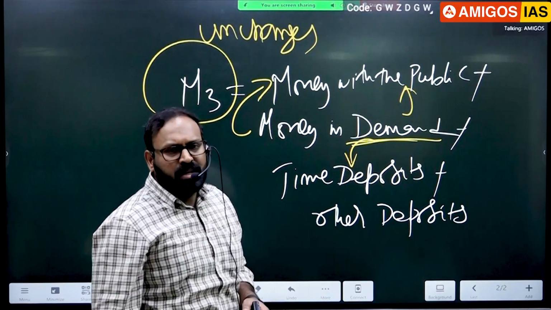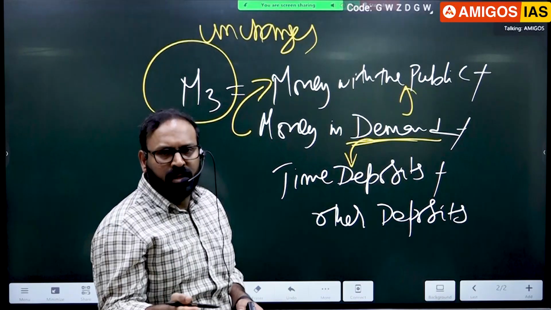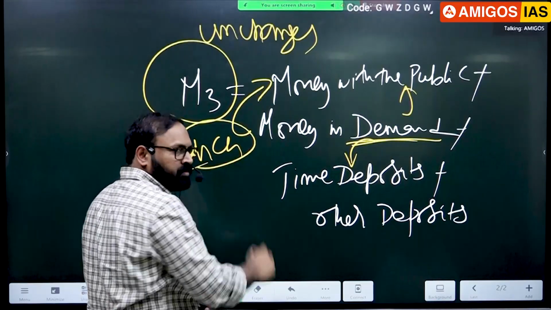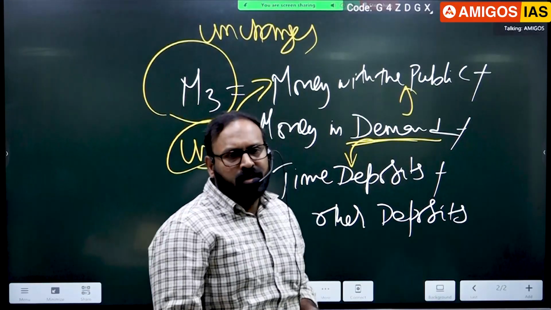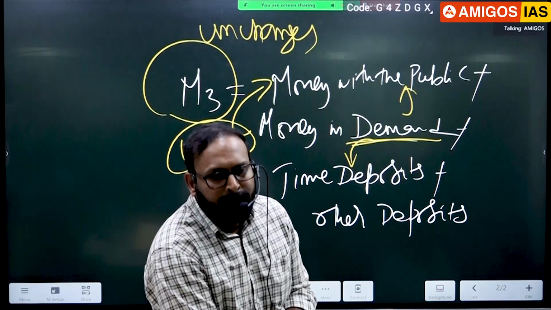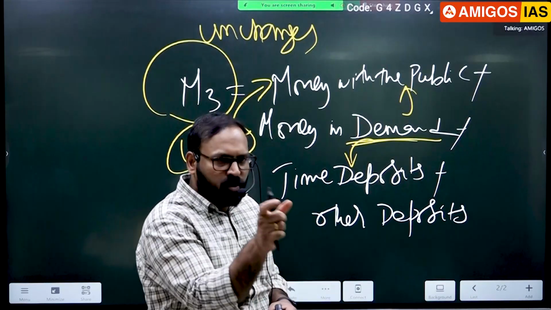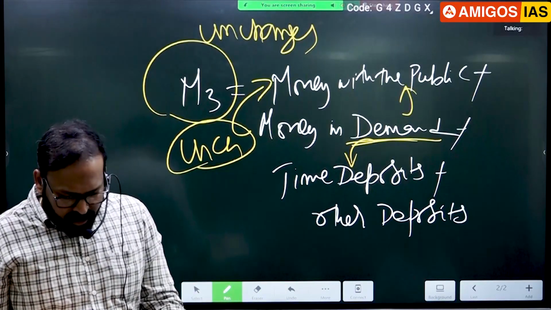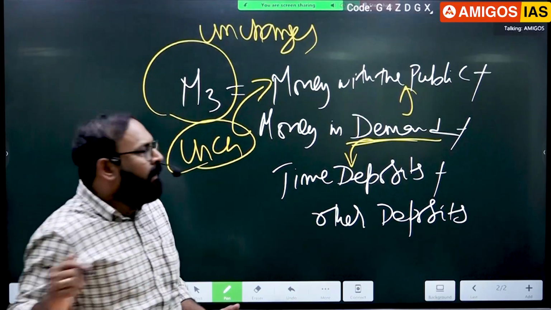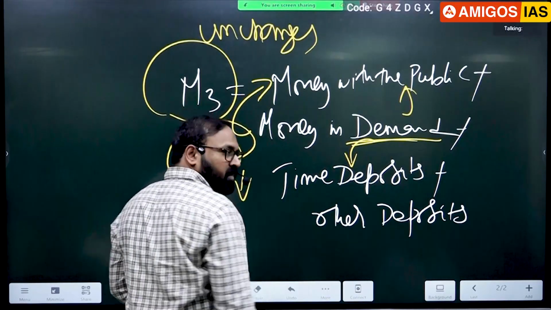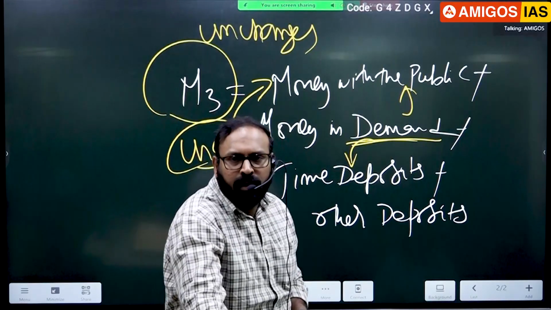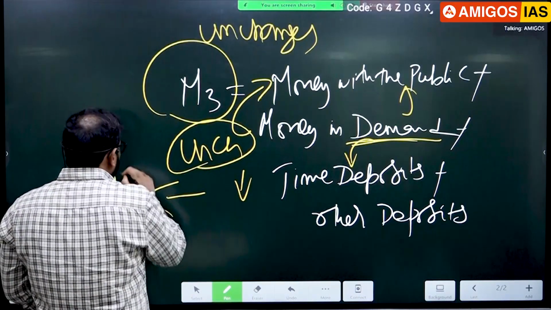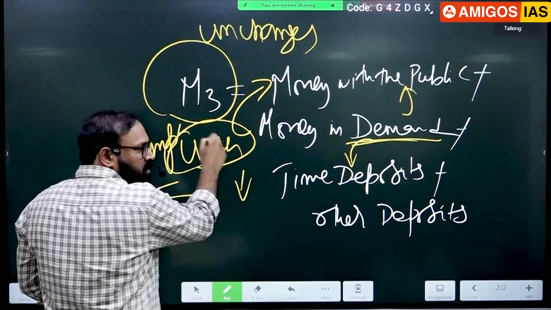Now look at the keyword immediate effect, right? The immediate effect is what? Unchanged. What if the phrase immediate effect is not given? Imagine there is no such phrase. Now check the question. What happens to aggregate money supply in the economy? It will decrease. Why? It is used for consumption.